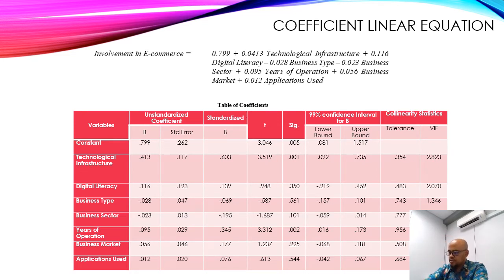So here it shows that technological infrastructure is a statistically significant predictor of involvement of Muslim SMEs with a significance value of 0.01.